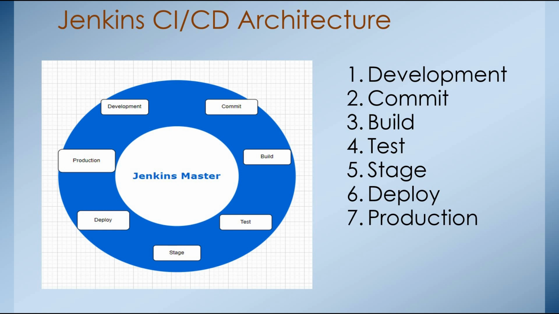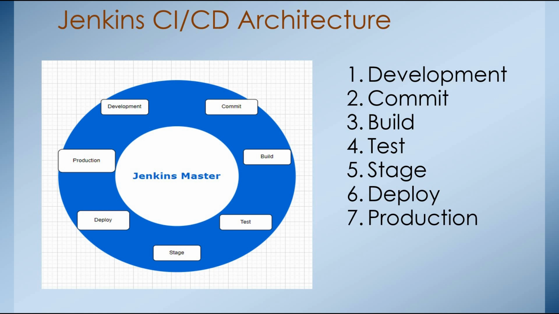Once the test cases pass, the latest build is deployed in a staging environment. Then again there is some testing, and after complete testing in the staging environment, it is deployed in the production environment.